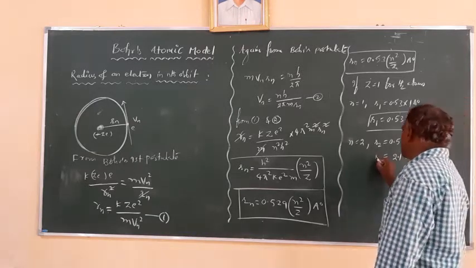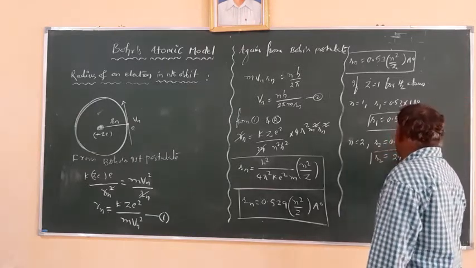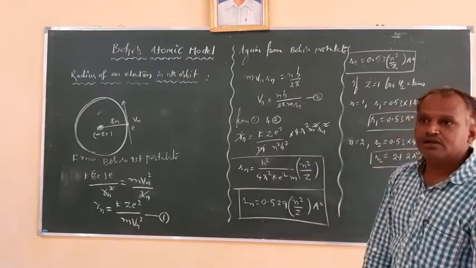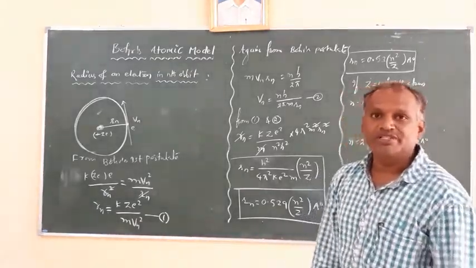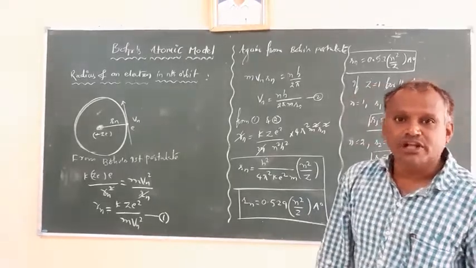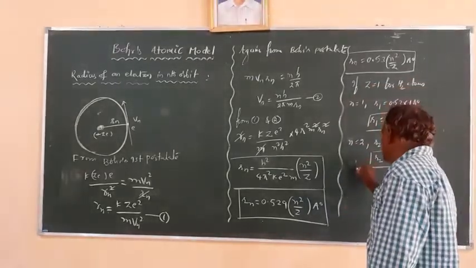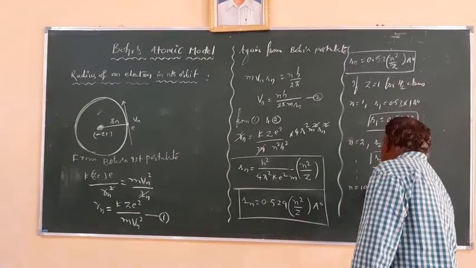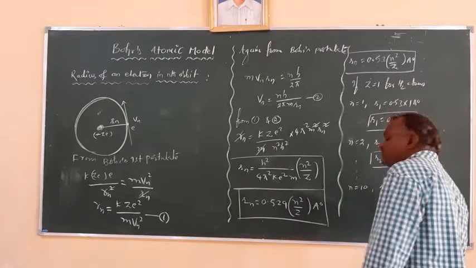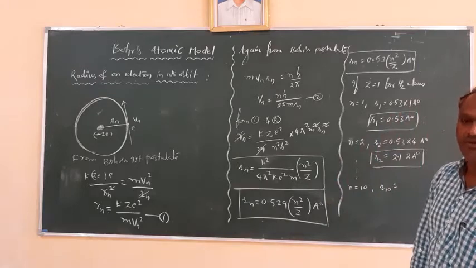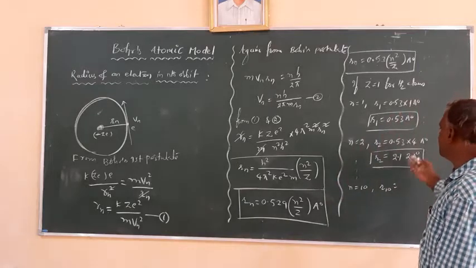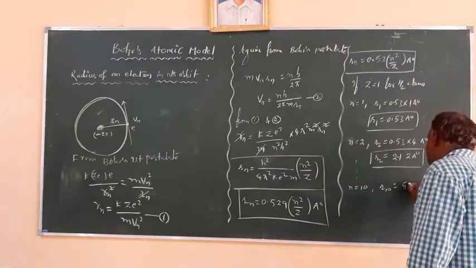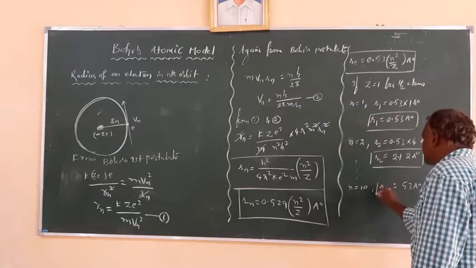Like this you can calculate the radius of the electron wherever it is located, depending on its position, right? If n is equal to 10, then what is R10, the radius of the electron in the 10th orbit for the hydrogen atom? That becomes 100 times 0.53, which is 53 angstroms.